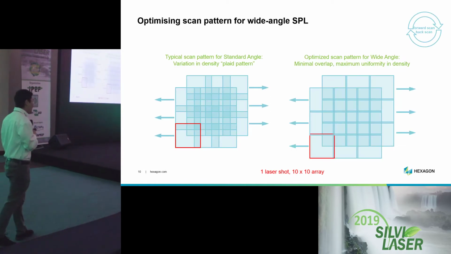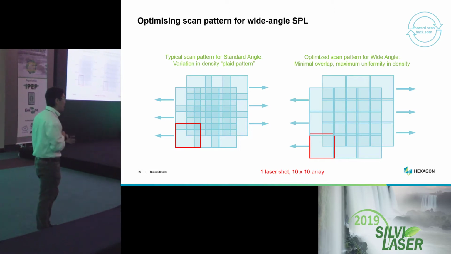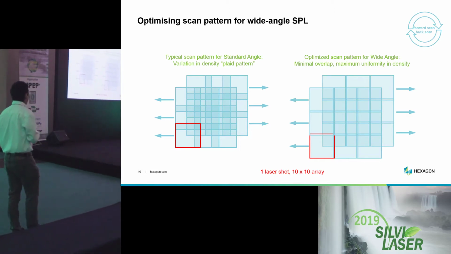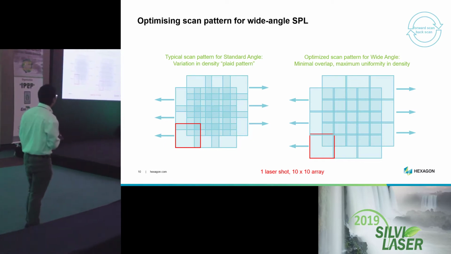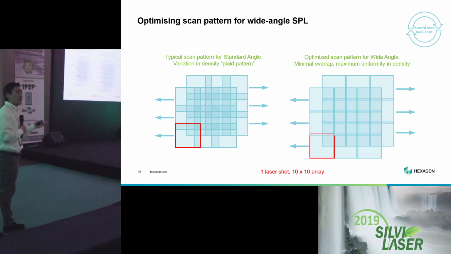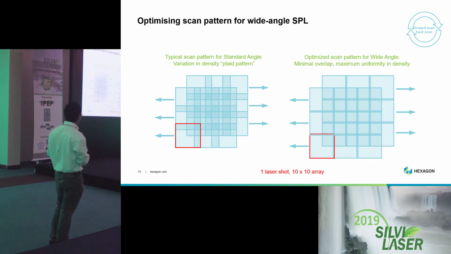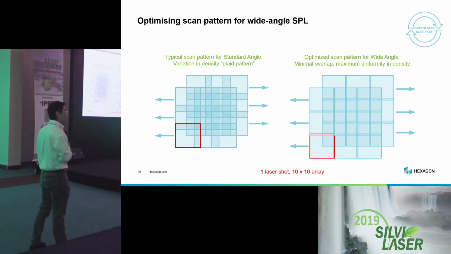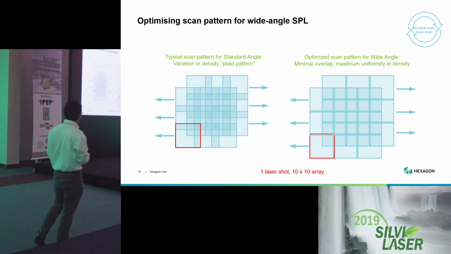And how can we achieve this kind of point density that we are using with the wide angle? Basically, we just optimize the scanning that we have from the forward and the back scan in our oblique system. In the left figure, we can see the pattern that we have with the standard system, with a lot of dense points in an overlap.